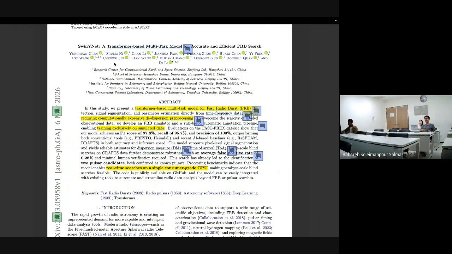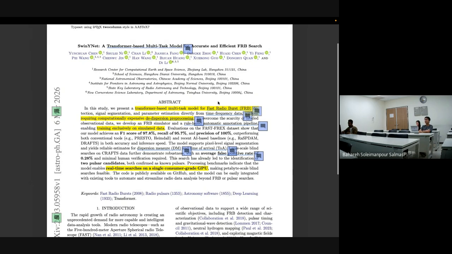This is an interesting paper that I found that uses transformers to detect FRBs. Last week I think many people were talking about CNNs, and I think CNNs do not have really good accuracy, with an F1 score of like 60 or 70 something, so maybe there could be some method to achieve better results.